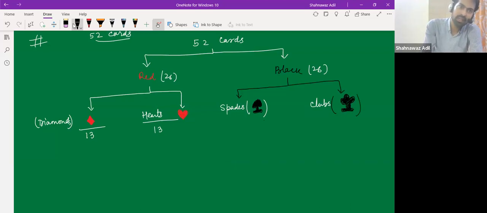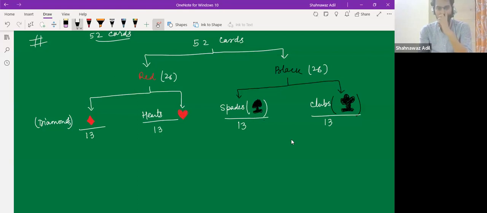Okay. So again, this is 13, and this is also 13. So 13, 13, 13, 13, that makes 52 cards, right?